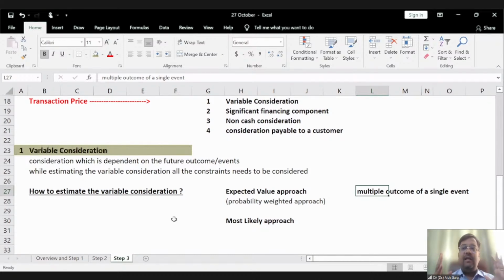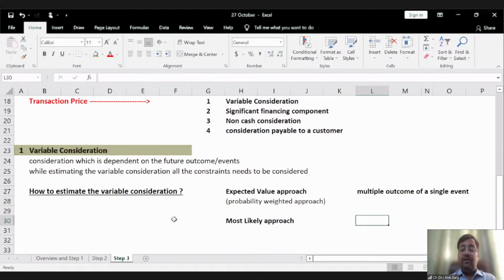So for a single event, there are multiple outcomes. There are multiple probabilities. So in this case, probability weighted approach is required to be used. 10,000 multiplied by 10% plus 20,000 multiplied by 30% plus 50,000 multiplied by 40% plus 0 multiplied by 20%. So the total of this probability weighted approach will give you the estimate of variable consideration.